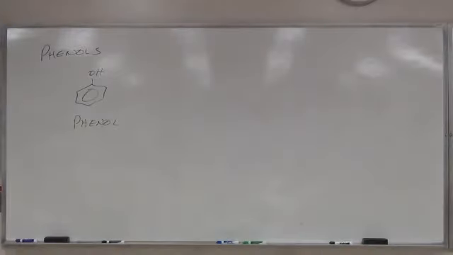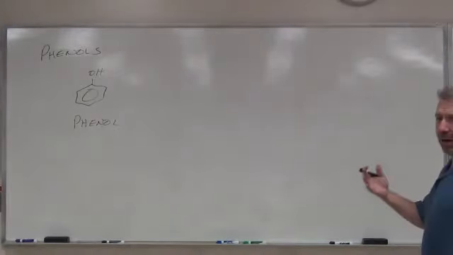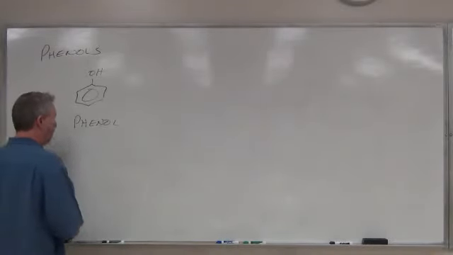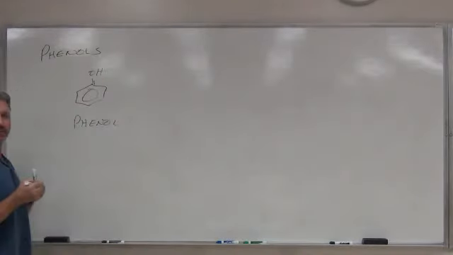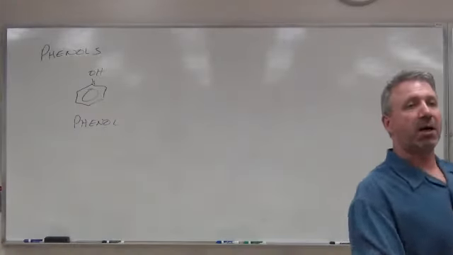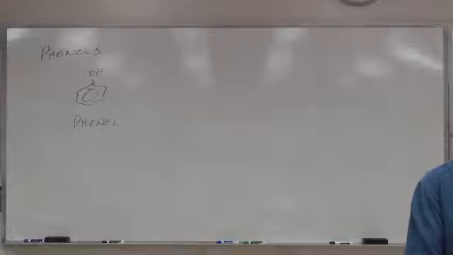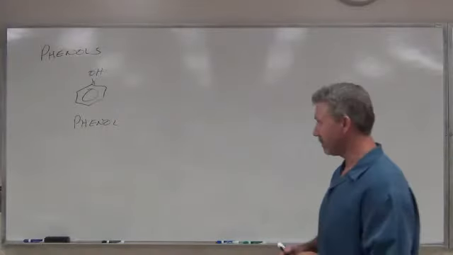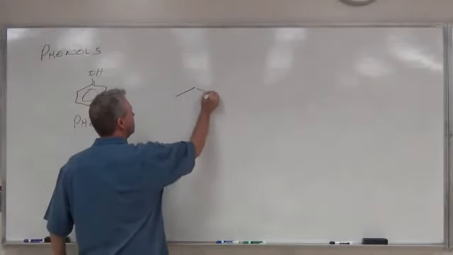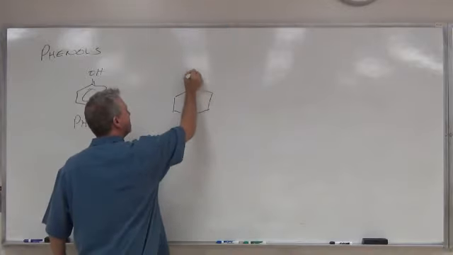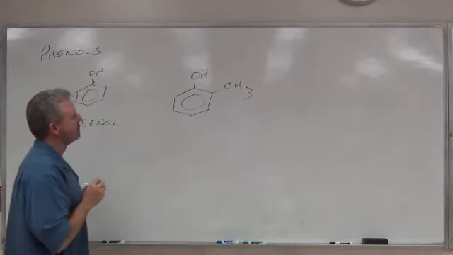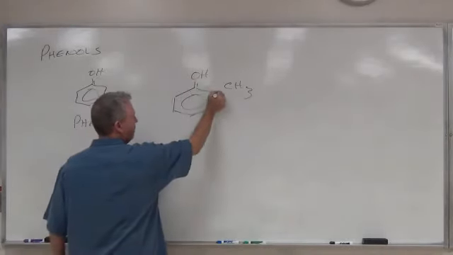Now, if you see benzene with an OH, you're going to want to name it as a phenol. And when you do, you automatically have called this carbon number 1. No matter what, you don't have a choice anymore. If you're going to name it as a phenol, the carbon that contains the OH group has to be carbon number 1. So if we substitute onto our phenol, this is carbon number 1, this must be carbon number 2.